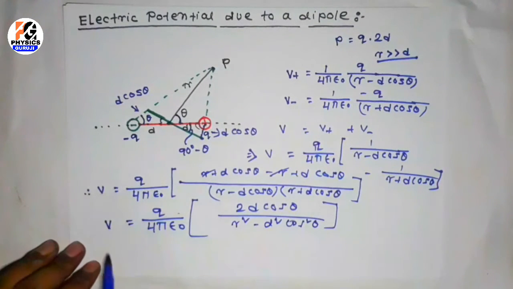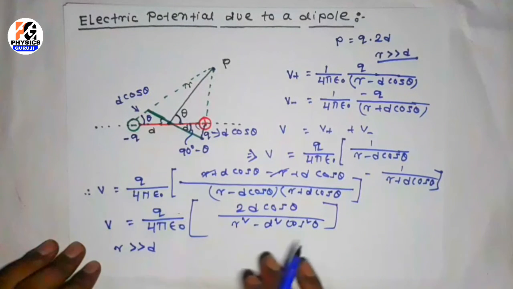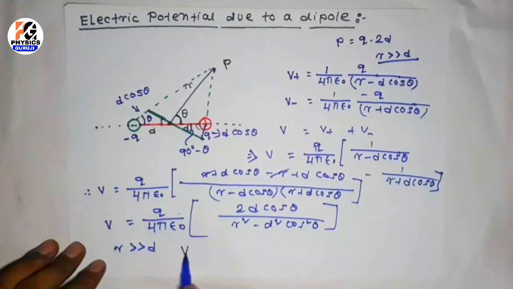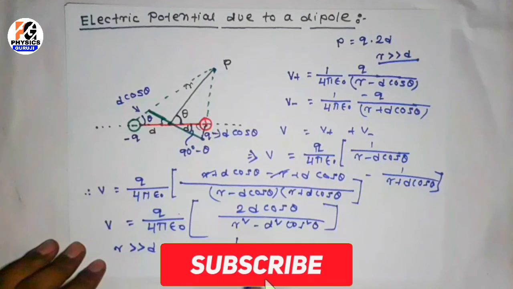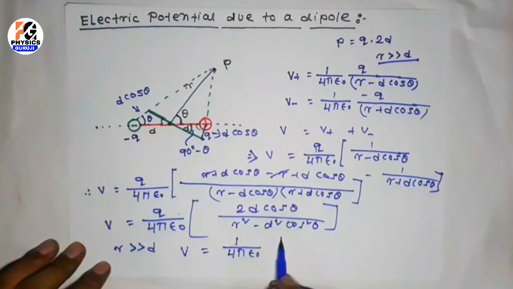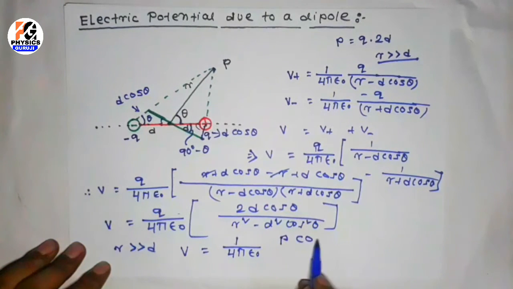Now as r is greater than d, you can remove this part from the equation, and therefore V becomes 1 by 4 pi epsilon 0. Now q into 2d means p, so that is p cos theta by r square.